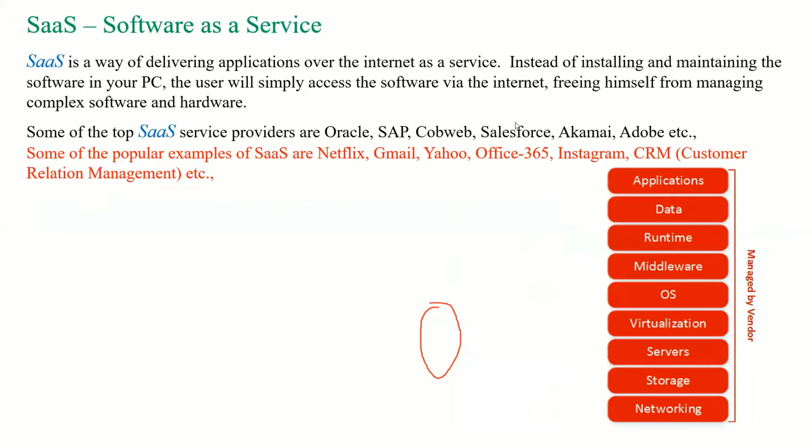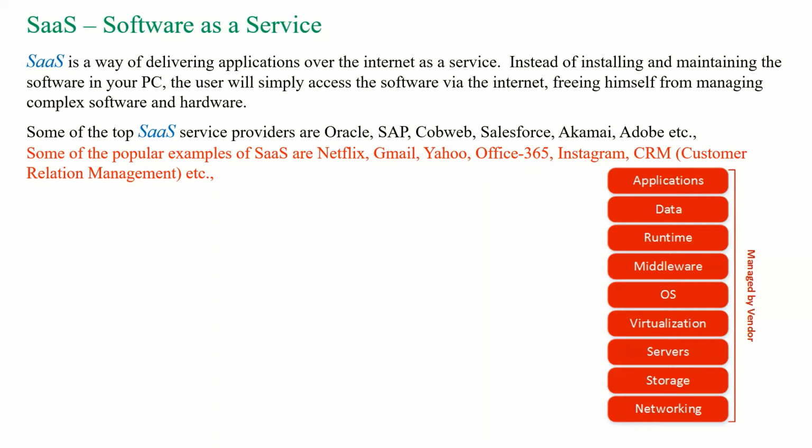Let's move on to the next one, which is software as a service. Here, in software as a service, the applications are delivered over the internet as a service. So instead of installing and managing the software on your PC, the user will simply access the software via the internet, freeing himself from managing the complex software and the hardware.